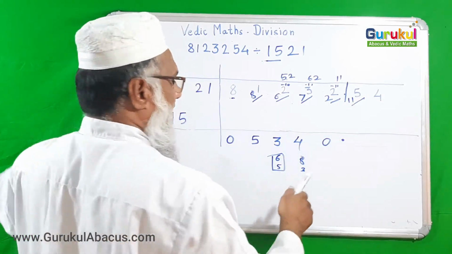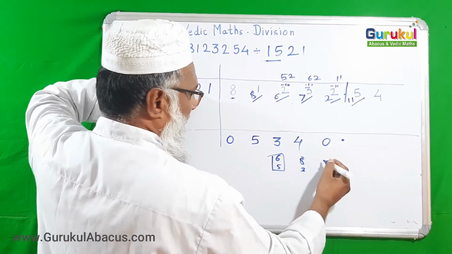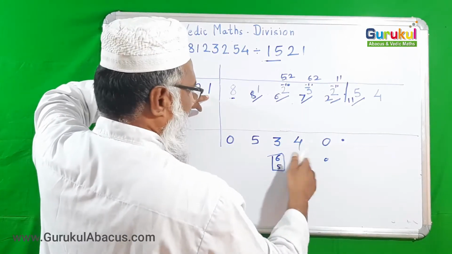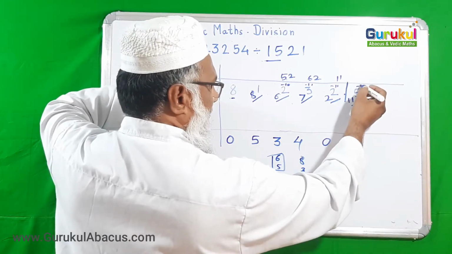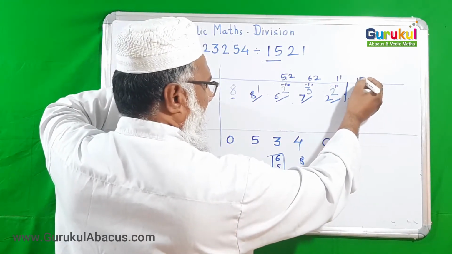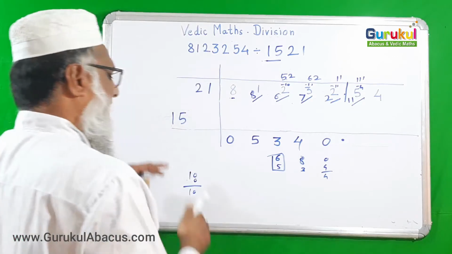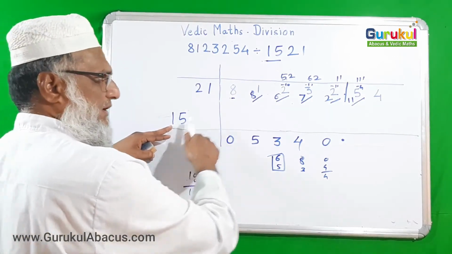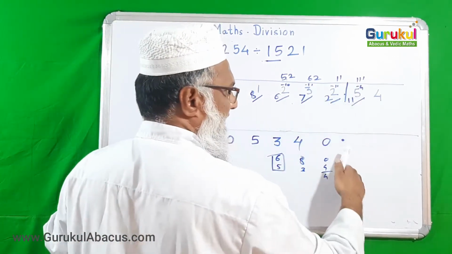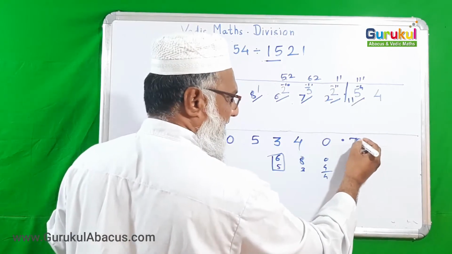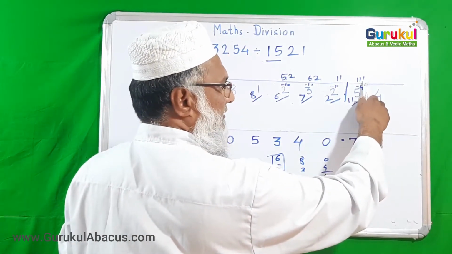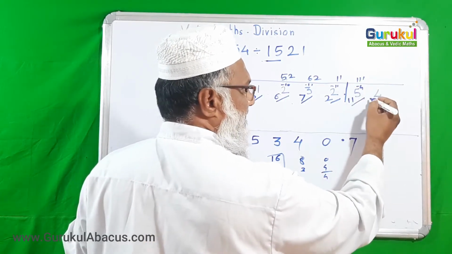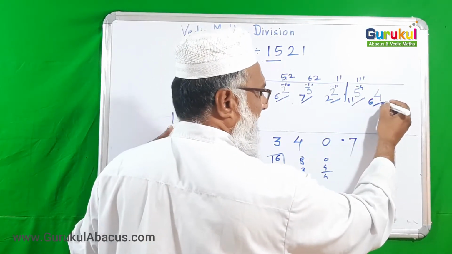Now again 0 into 2 is 0 and 4 into 1 is 4, so together 4 I should subtract from it. After subtracting I am getting 111, and now 15 7s are 105, suitable for me. If I subtract 105 from it, I am getting 6 again.